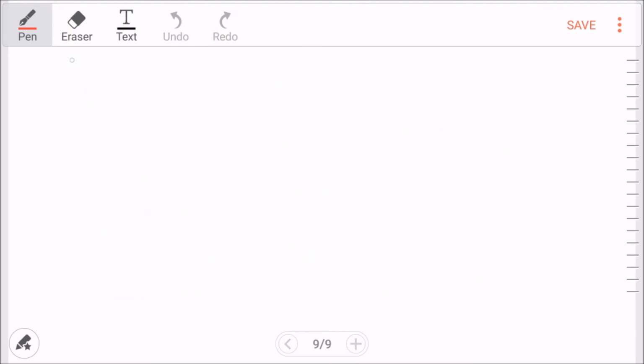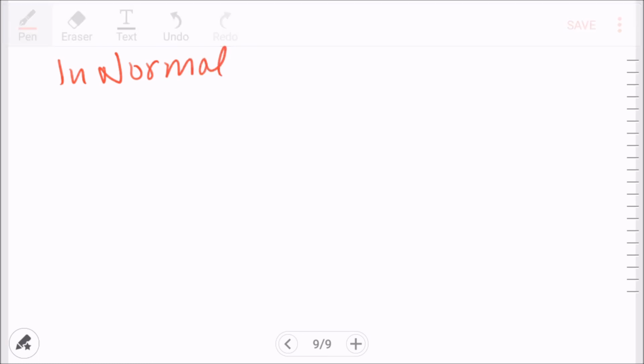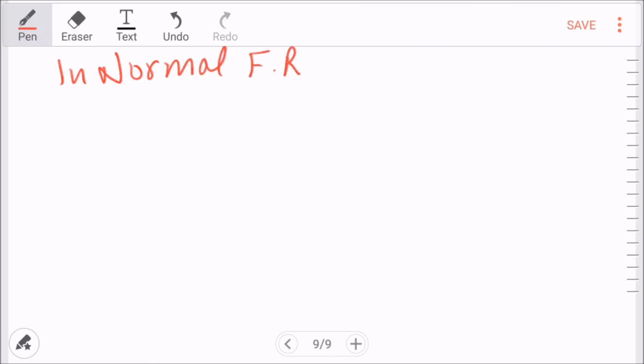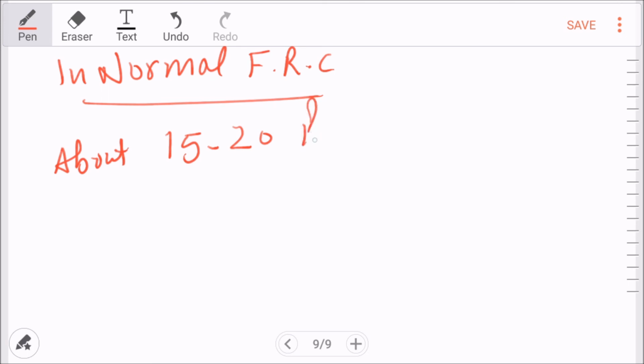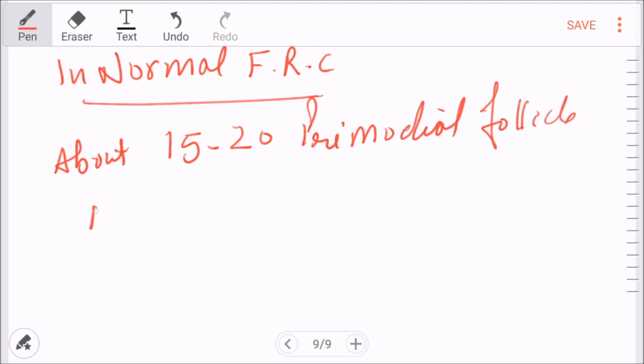Now in a normal female reproductive cycle, about 15 to 20 primordial follicles take part.